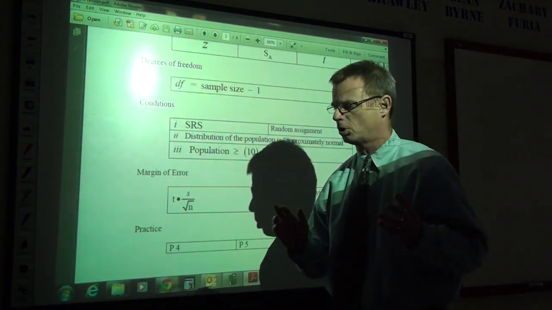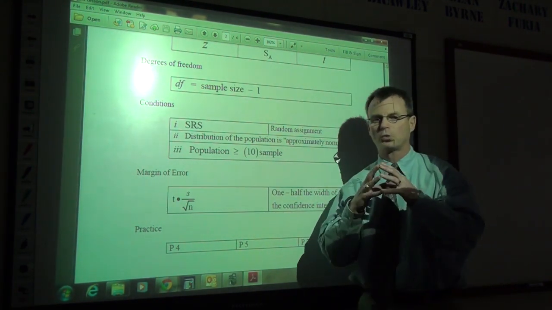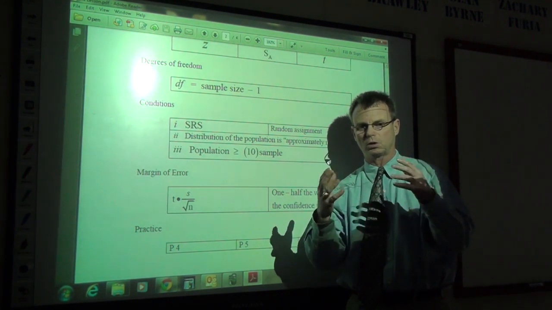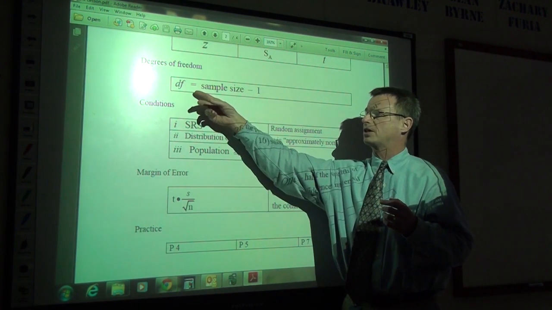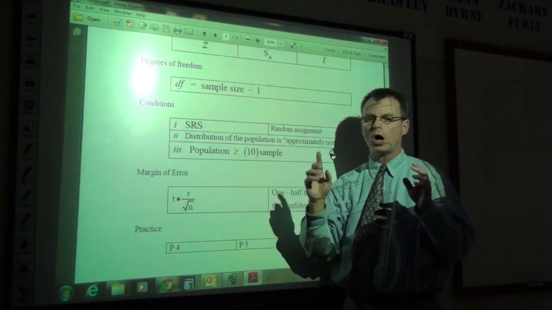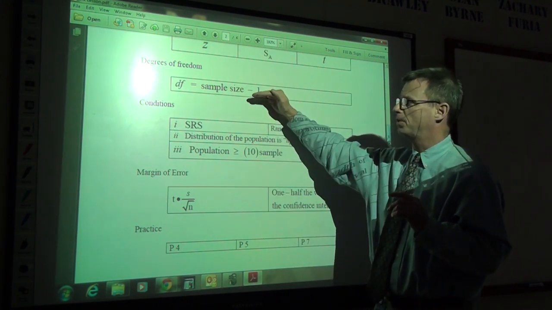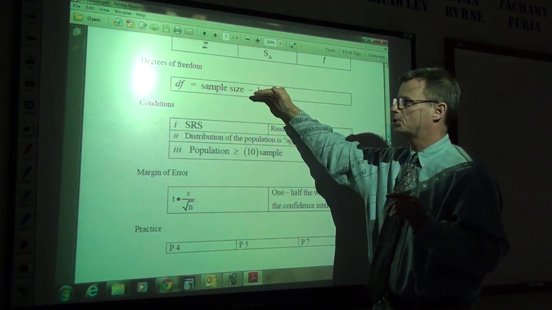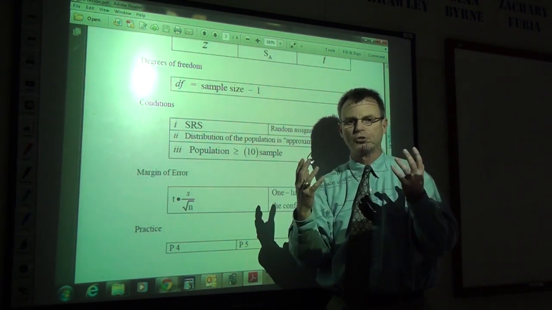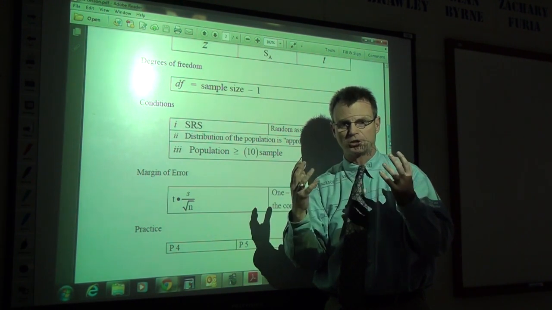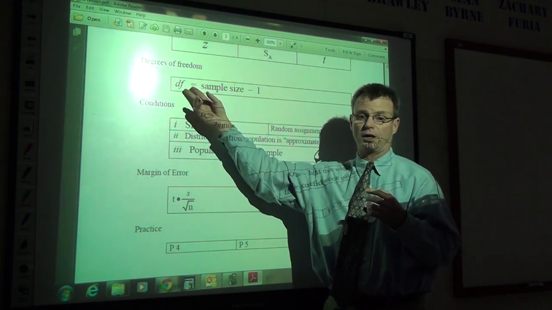Before we get to that, we also have to deal with degrees of freedom. In order to read the t table, and we'll clarify this in class, we have to talk about degrees of freedom. It's going to be 1 less than the sample size. This is introduced to you in terms of the t distribution, because really what you have is multiple scale changes to the standard normal curve, and they all depend on degrees of freedom.